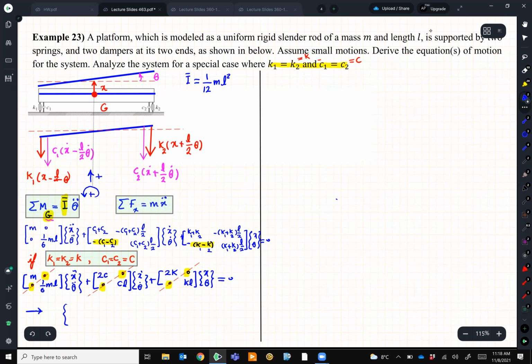I'll have m x double dot plus 2c x dot plus 2k x equal to 0. And over here I have 1/6 ml theta double dot, or I can even get rid of L. Let's just leave it.